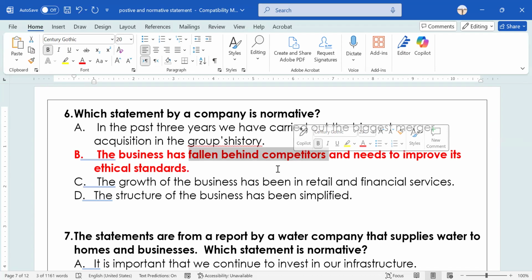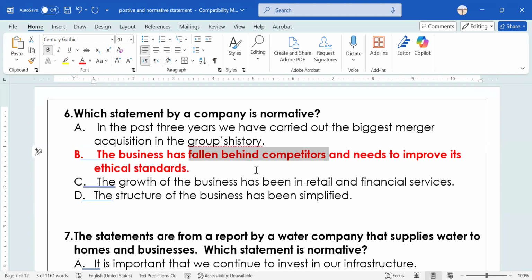So different people may disagree on what ethical standards mean or whether you need to improve. And for letter B, you cannot really measure whether this ethical standard should be improved. It's based on beliefs and values. So again, letter B is a normative statement.